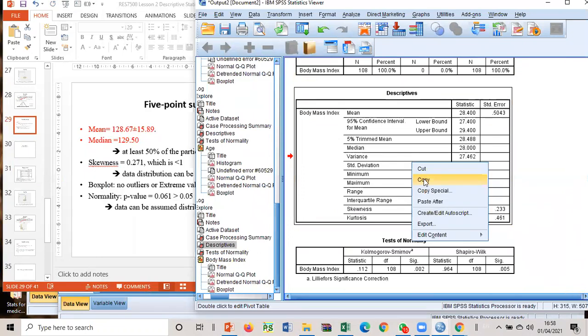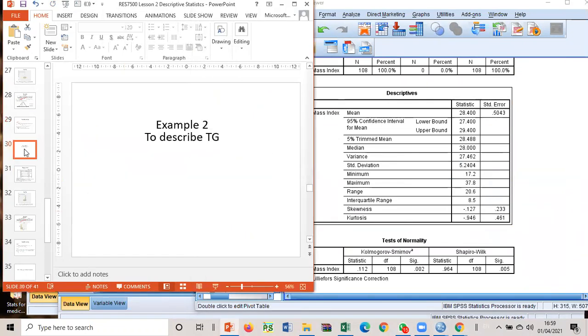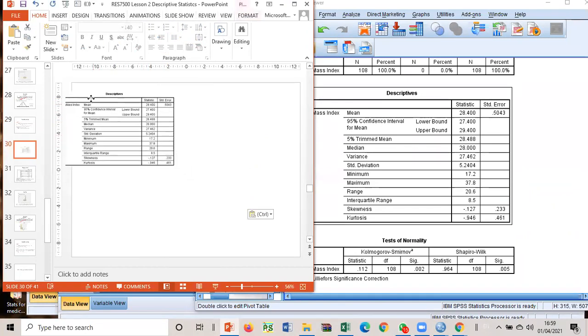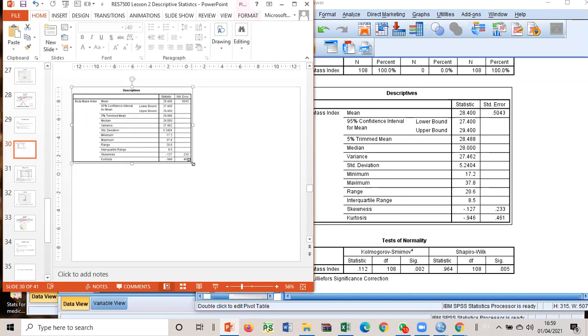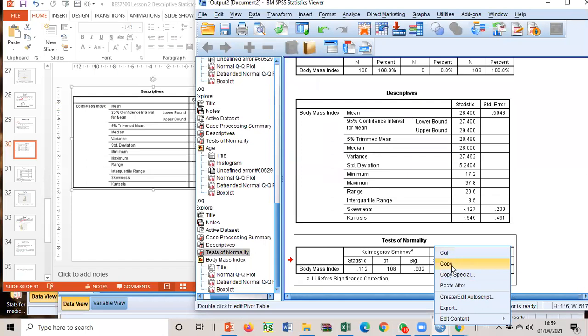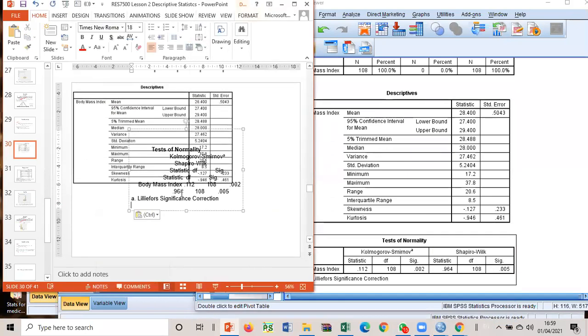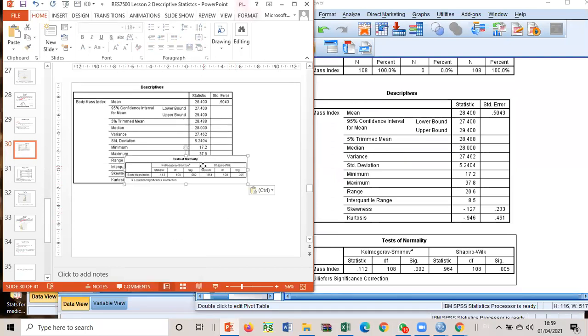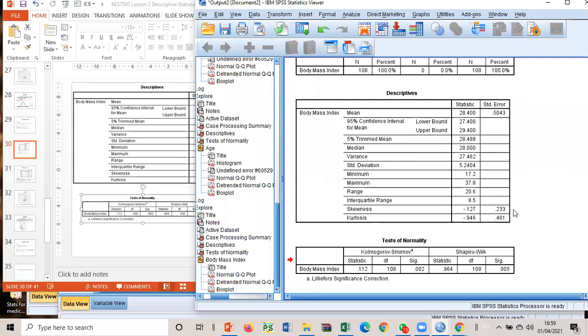Just copy the table. I'll give the table, you interpret. One table, another table, and that's the diagram.